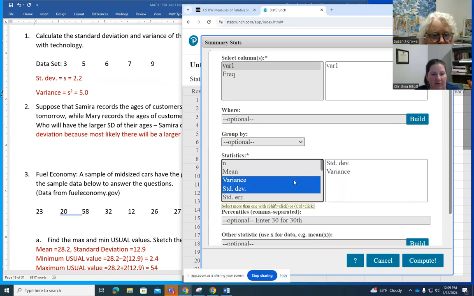So on this list here, I'll show you, if you scroll down the list, there it is, under the interquartile range, that's where you can find the unadjusted variance and standard deviation if you had a population data set. The ones that are listed up here are assumed to be sample statistics.